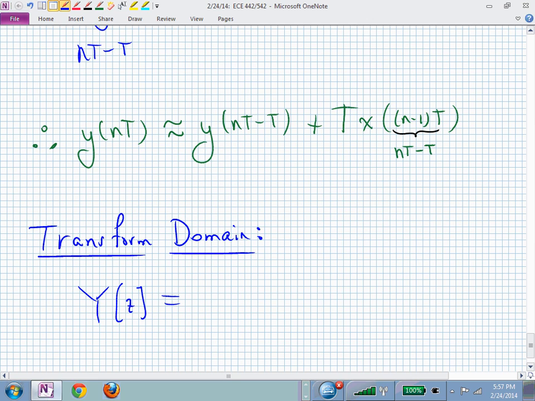What happens when I z transform y of little nT minus capital T in terms of capital Y of z? That's why we learned what we learned before, right? So that's easy. And now what does the next term present us with? T z to the minus 1 capital X of z.